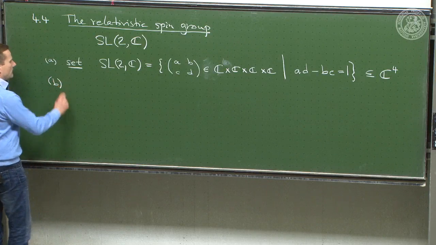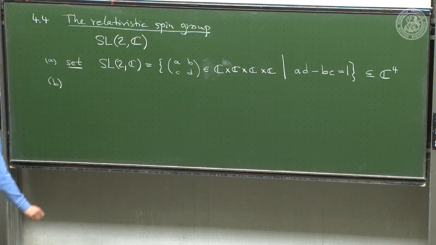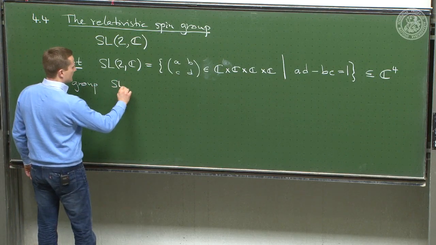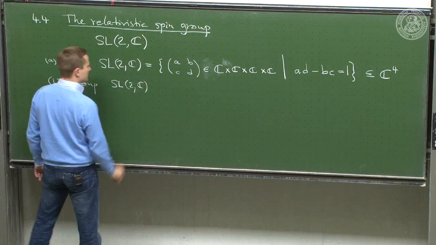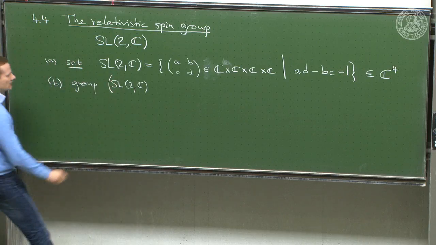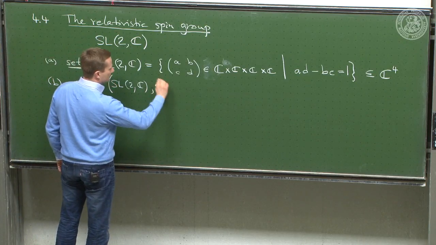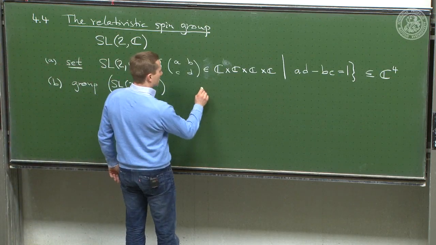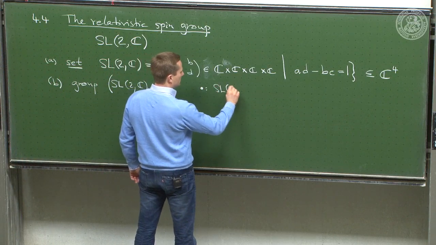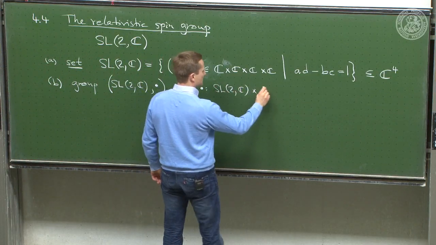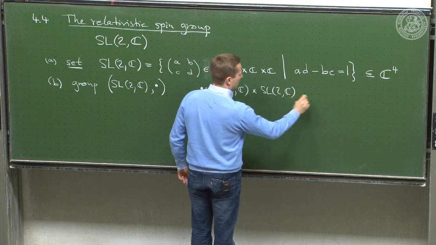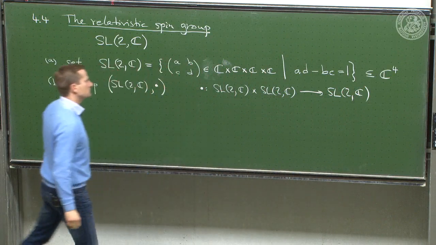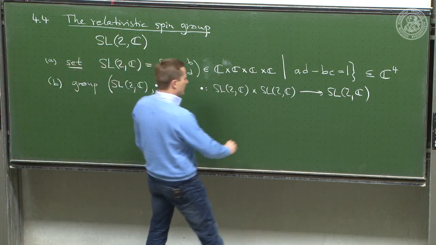Well, but now we make the set into a group. And the group is then SL2,C. A group is first and foremost a set, but then it has a group operation which we call blob. And this blob is an operation that takes two elements of SL2,C and makes them into one new element of SL2,C. And this blob is defined as follows.